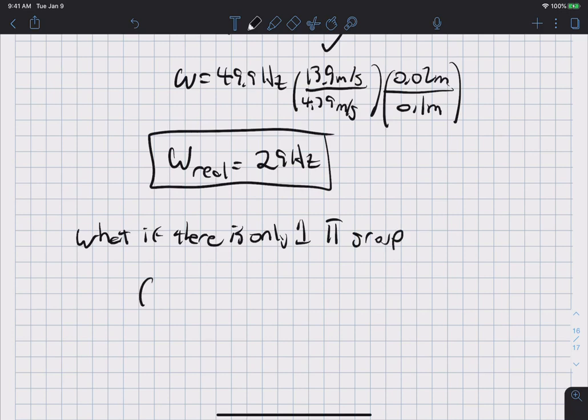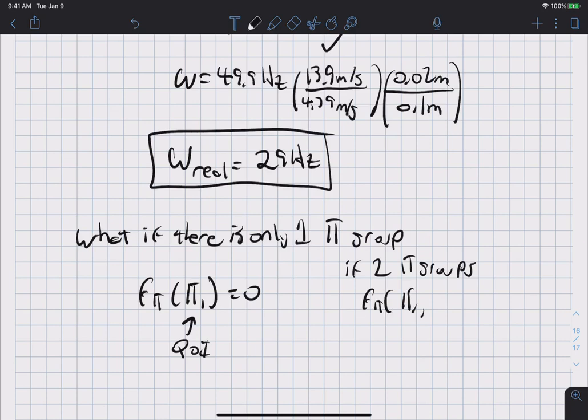What that means is that we have f of pi 1 equals 0. Before, if we had 2 pi groups, you would have f of pi 1 and pi 2 equals 0, or pi 1 equals some function of pi 2.